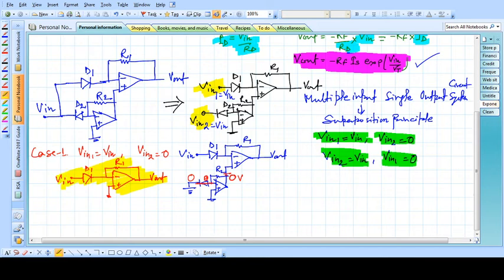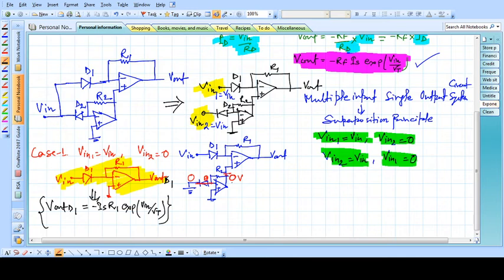So we can directly use the expression. For this purpose we can directly write V output due to diode D1. Okay, so V output D1 is nothing but simply minus Is R1 exponential V in by Vt. Is it okay? Very simple concept.